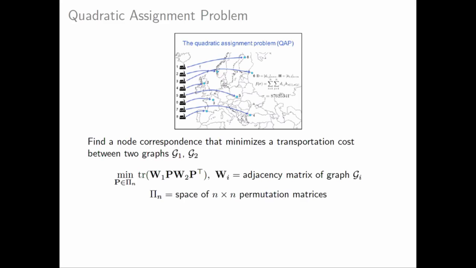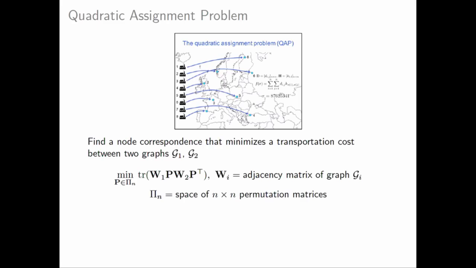It's a very classical problem in operations research and combinatorial optimization, where the goal is to match a collection of resources, like a bunch of factories, to a collection of destinations, like locations. What you want to optimize is a trade-off between how much I need to communicate between different factories and how far away the different sites are where these factories can be put, right?